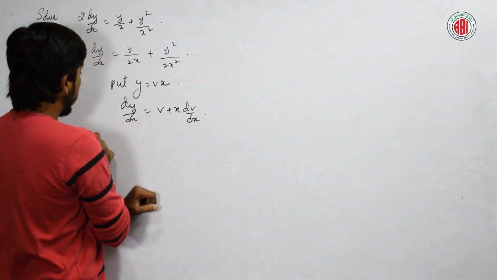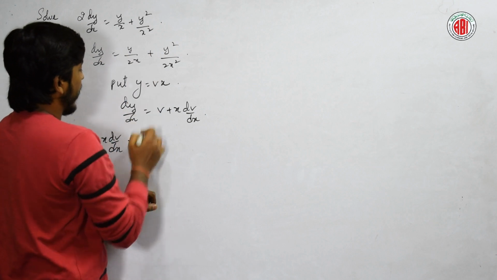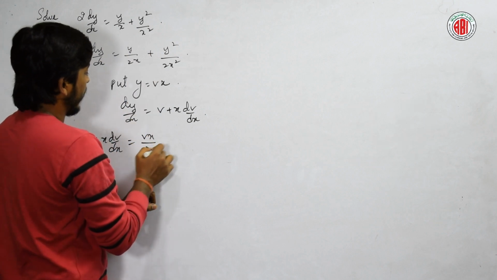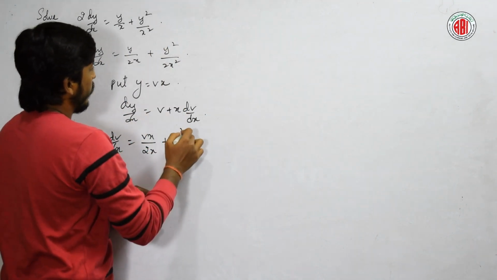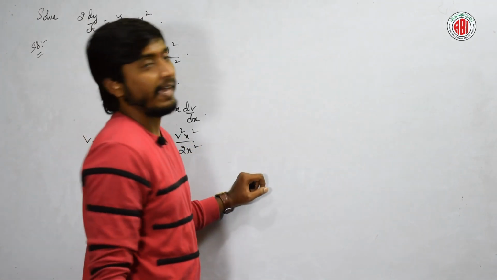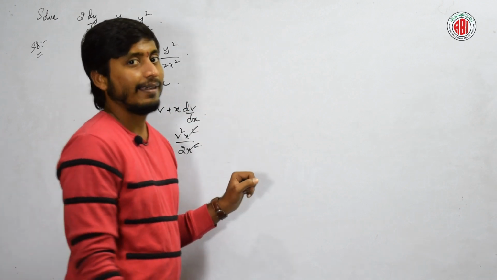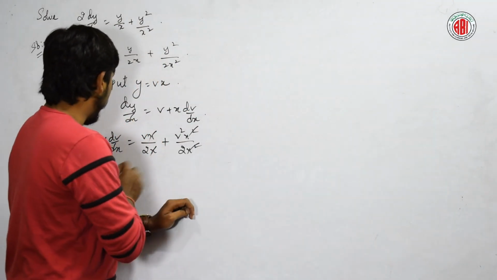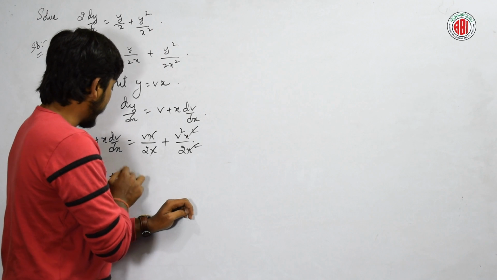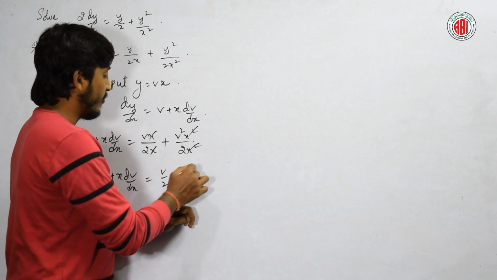Let us substitute it there. V plus x into dv by dx is equal to, what is y? vx by 2x, here v square x square by 2x square. Fine. So if you observe x square will get cancelled.